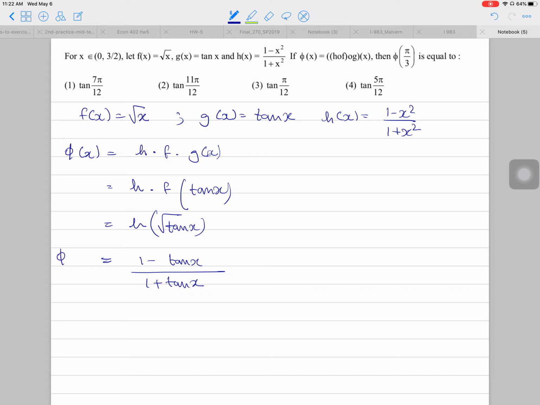So we basically have our function phi of x over here, and we need to find phi of pi over 3. So just plug in the value of pi over 3. So we have 1 minus tan of pi over 3 over 1 plus tan of pi over 3.